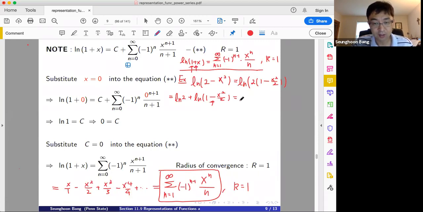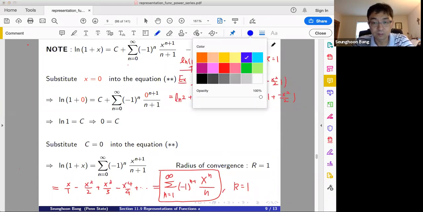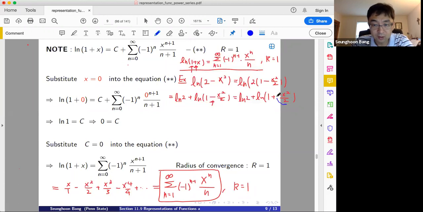How can you do that? ln of 2 plus ln of 1 plus negative x squared over 2. Next, only plug minus x squared over 2 into here. So what does it mean?